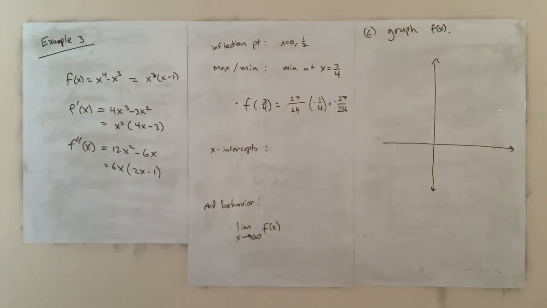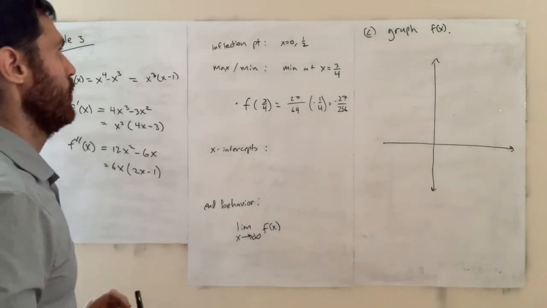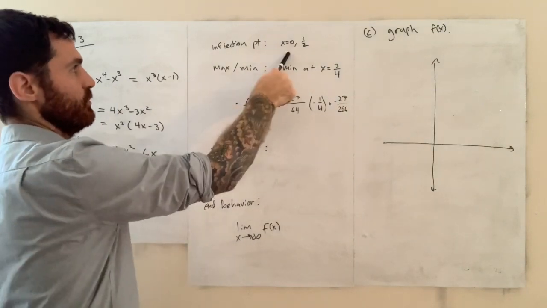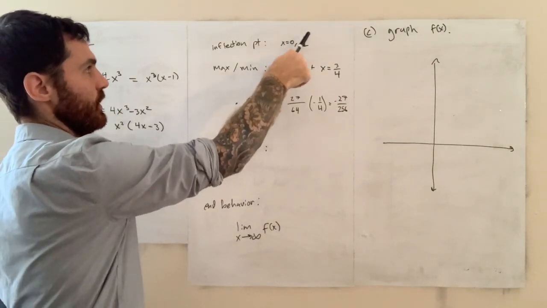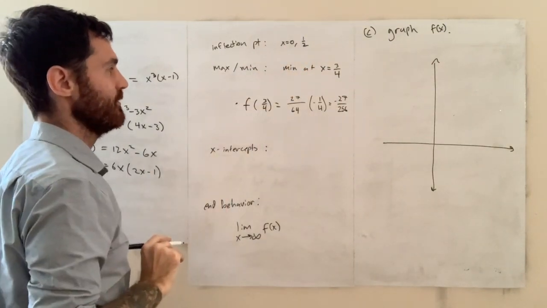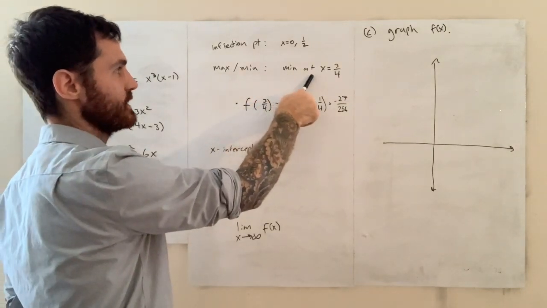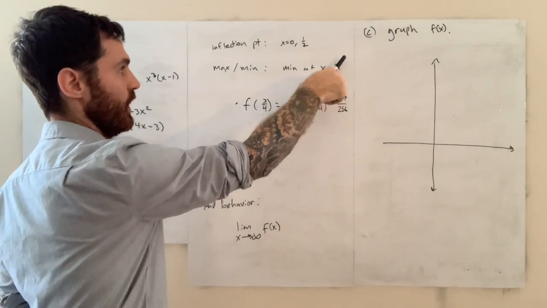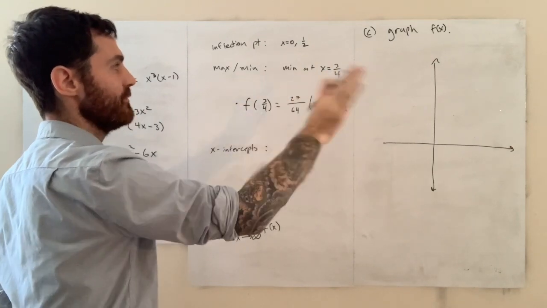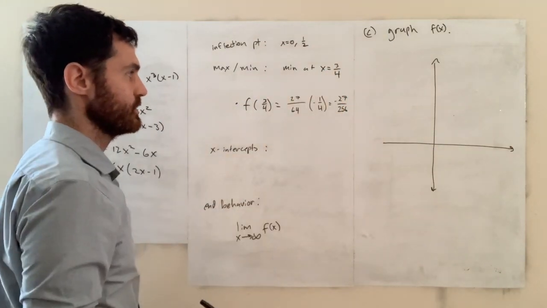Okay, so the last step in this example is we want to put all of this information together. So again, we know the inflection points are at x equals 0 and x equals 1/2. We know the maximum and minimum values: the minimum at x equals 3/4, and we have no maximum values.